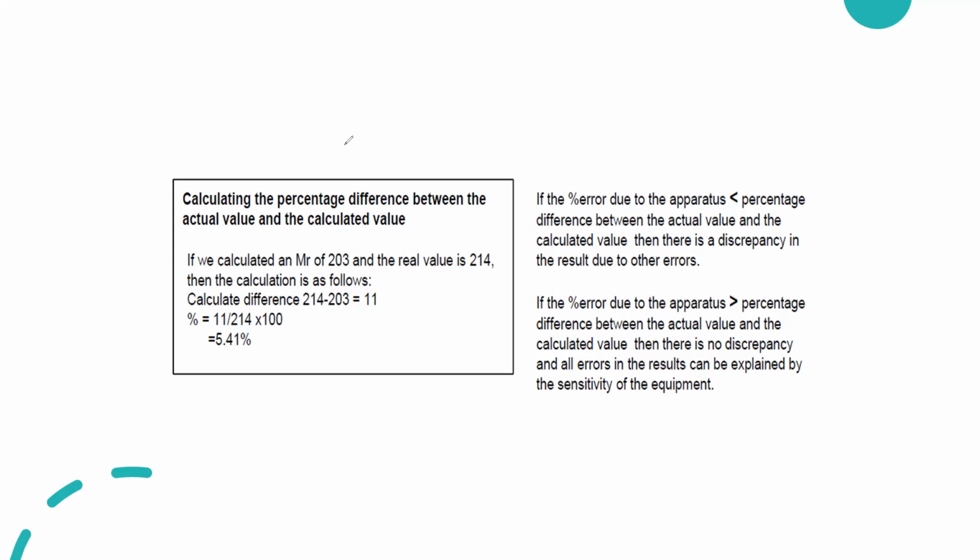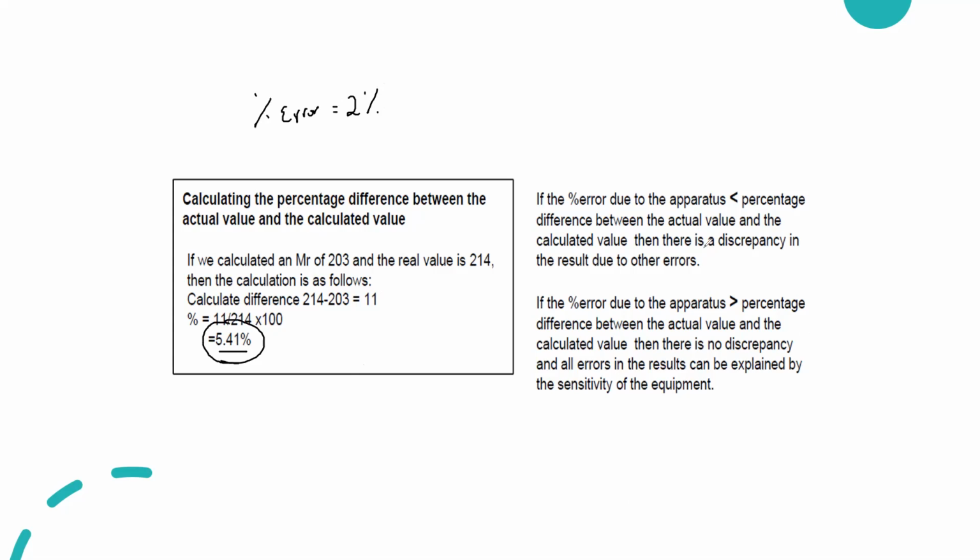These are the numbers. For example, here I calculated the percentage difference, which is coming out as 5.4, and the percentage error due to the apparatus is coming out as 2%. So the percentage error of the apparatus is less than the percentage difference. It means maybe during a reaction the temperature changes, or the conditions may not be feasible for the reaction to occur.